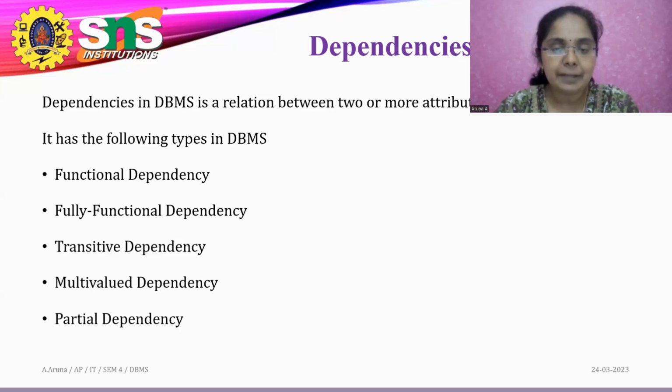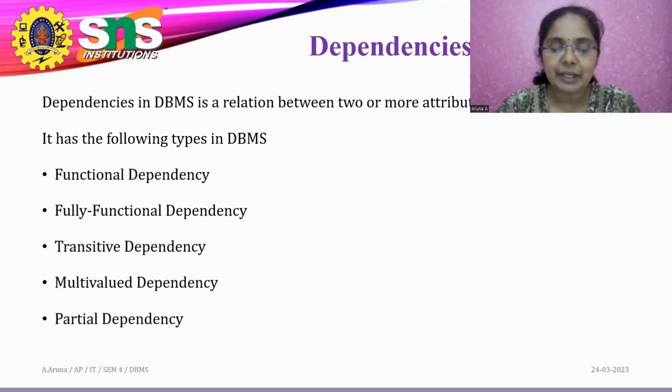Consider an example, an association between two attributes in the same relation, we can call it functional dependence. If P functionally determines the value of Q, then we call this functionally dependent. For example, a table can contain employee ID, employee name, and employee age.